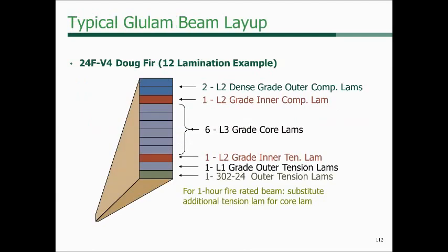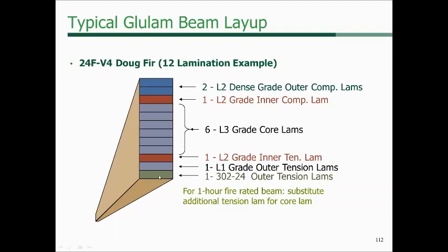Glue-laminated timber is probably one of the oldest engineered wood products out there, and probably one of the most popular ones used in heavy timber construction. But when we're calculating the fire resistance for glue-laminated timber, there are some minimal prescriptive requirements related to the tension lams of a glue-laminated timber. In this example, we would see an unbalanced condition, which Lori mentioned previously, the difference between unbalanced and balanced.